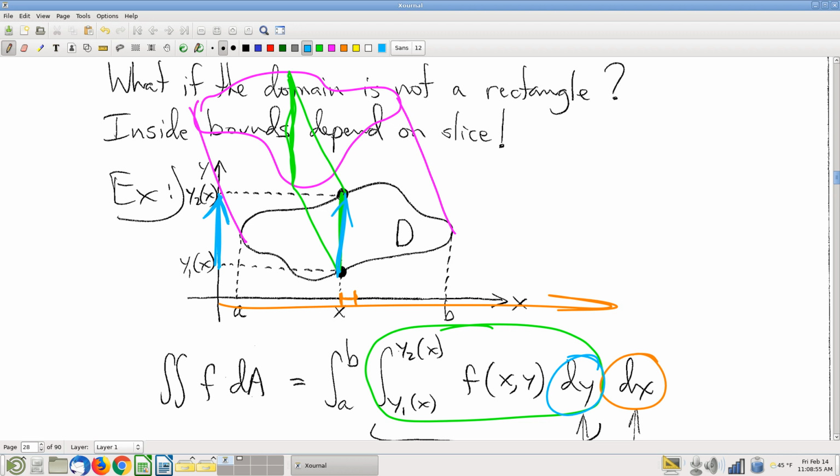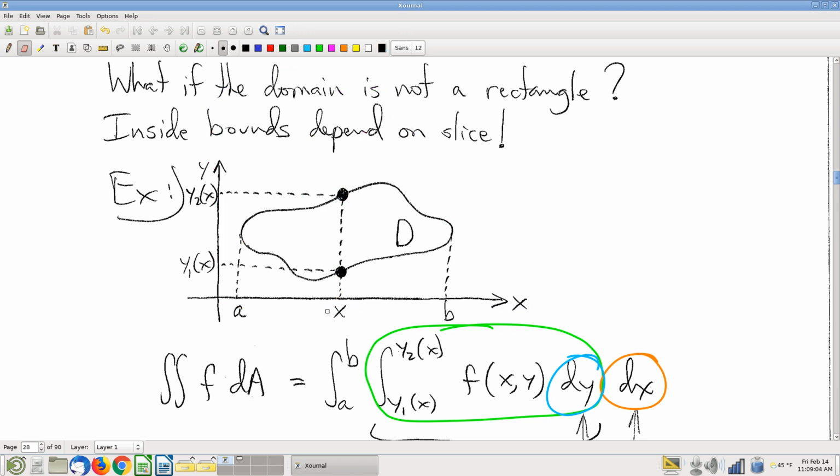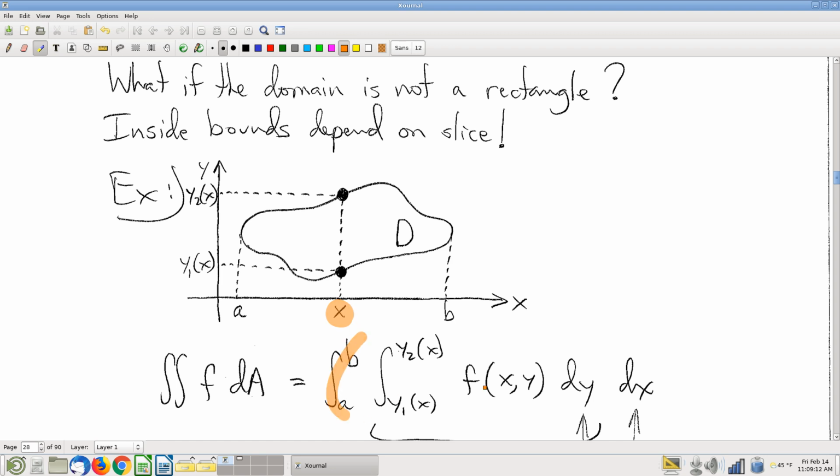There's only one little microscopic difference. This is hardly even a big deal. But now let me erase the picture here. The one little difference is that for a given value of x, somewhere between a and b, the range of values of y, these y bounds for your y integral, change.